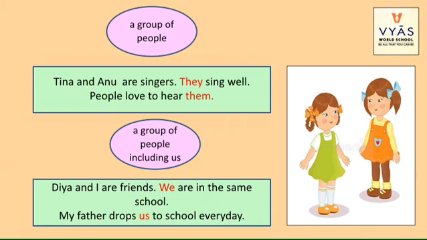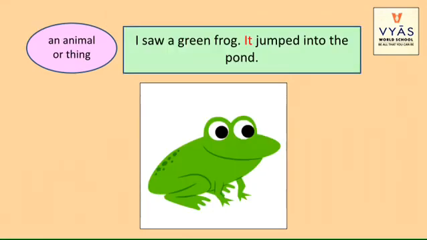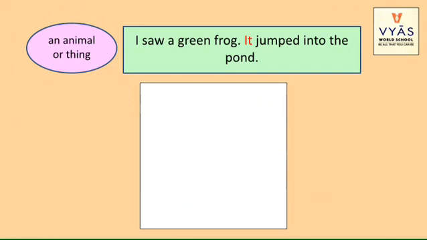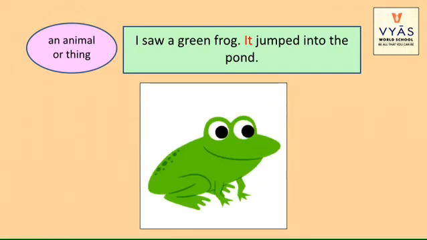We are in the same school. My father drops us to school every day. Now have a look at the last one. For an animal or a thing, we use the pronoun it. Like, I saw a green frog. It jumped into the pond. So for animals, for a thing or even for a place, we use the pronoun it.